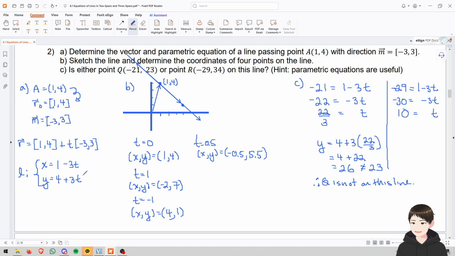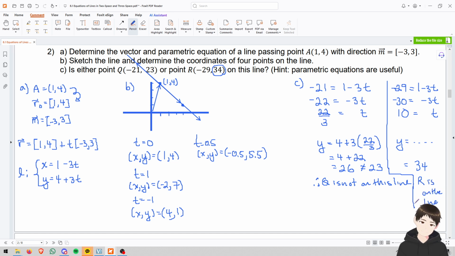So if my parameter is a 10, that will be 3 times 10 plus 4, 34. Ta-da! I got it. Well, let's pretend I did the calculations. It equals 34. So R is on the line. There you have it.